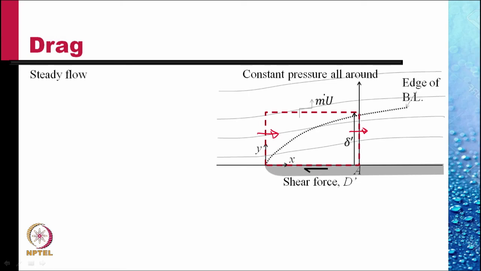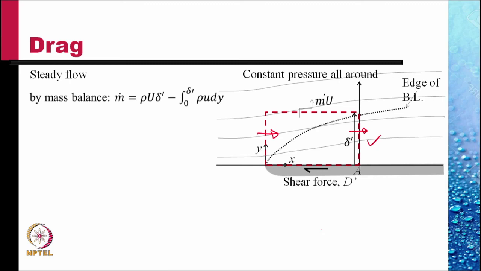U is capital U, the inviscid velocity. And the mass leaving this is obtained by integration of the velocity profile there. So, clearly by mass balance, m dot is rho U delta prime minus integral from 0 to delta prime of rho u dy across the boundary layer at location A.